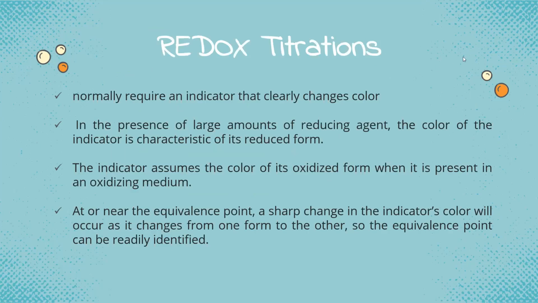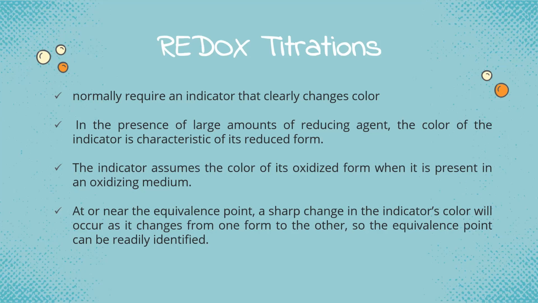So when you say redox titration, this normally requires an indicator that clearly changes color, kagaya ng sa acid and base titration. So merong mga titration process sa redox na nagre-require ng indicator. Meron din namang hindi nagre-require ng indicator because some of the oxidizing agents can be the indicator themselves during the titration.